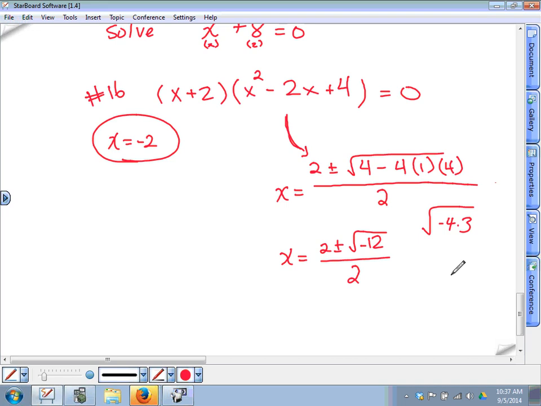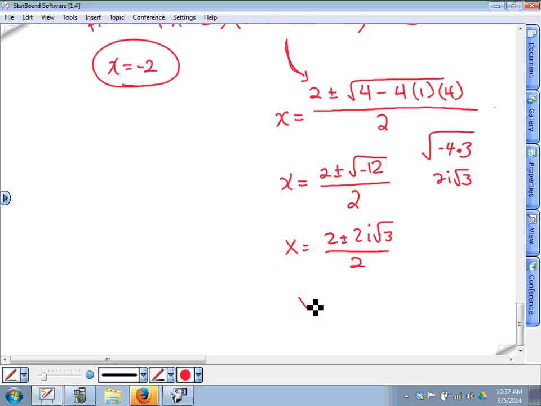And in case you're wondering, I am skipping a step that I very rarely show, but in case you're wondering why this works, if you're square rooting two numbers that are multiplying, it's the same as two separate square roots. What's the square root of negative 4? That's why the 2i comes out and the 3 stays in. So, x equals 2 plus or minus 2i root 3, all over 2.